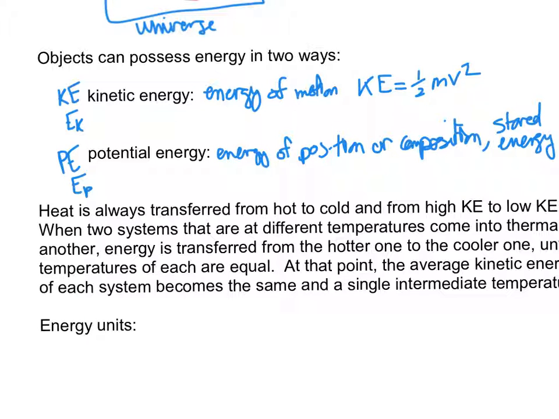So it has to do with the position of the particles. Typically, the closer the particles are, the lower the potential energy. The farther particles are, the higher the potential energy. It's the same idea as you are attracted to Earth. And so because you're attracted to Earth, if you are laying flat on the ground, then you have the lowest potential energy possible.